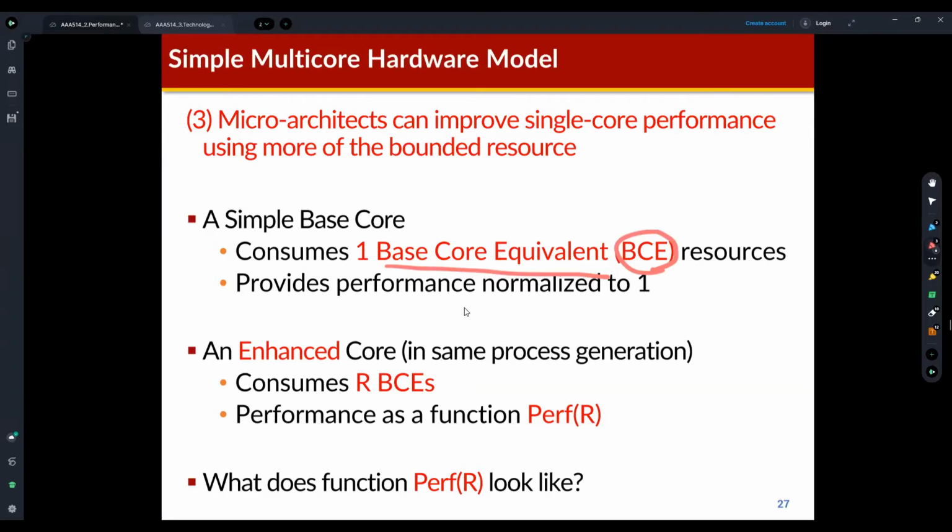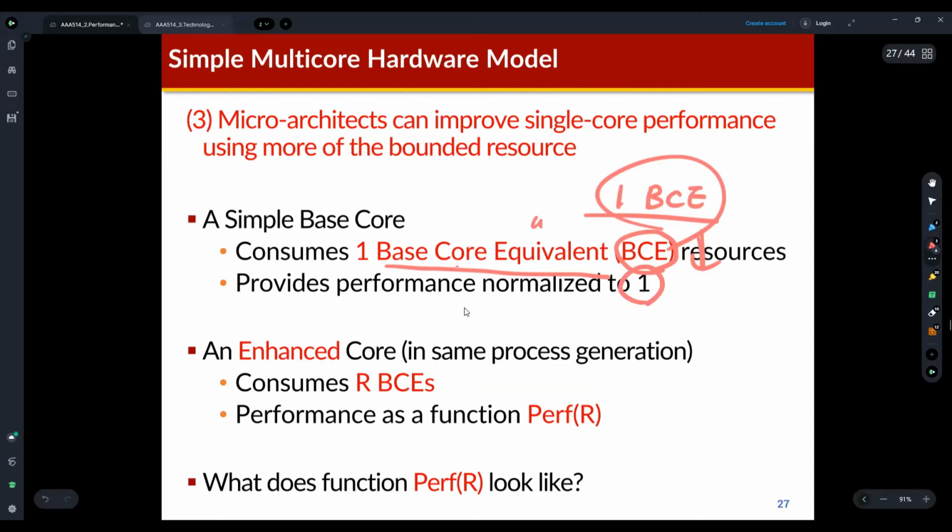In order to explain the cost of a single core, this paper assumed one base core equivalent, called 1 BCE. You can think of this as just a unit of area cost. This is how one BCE is defined in the paper.